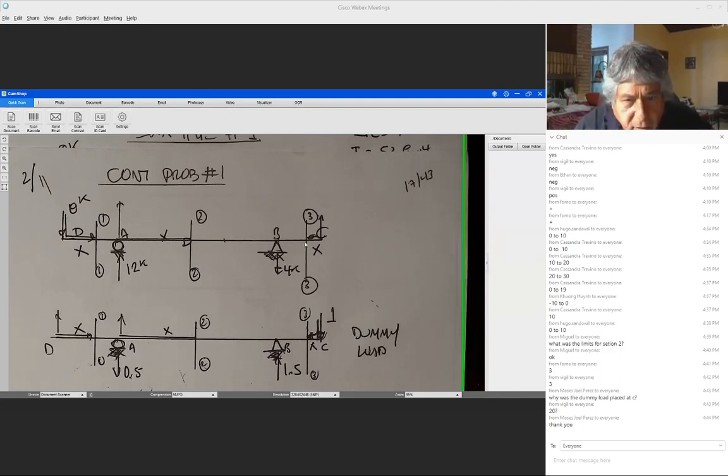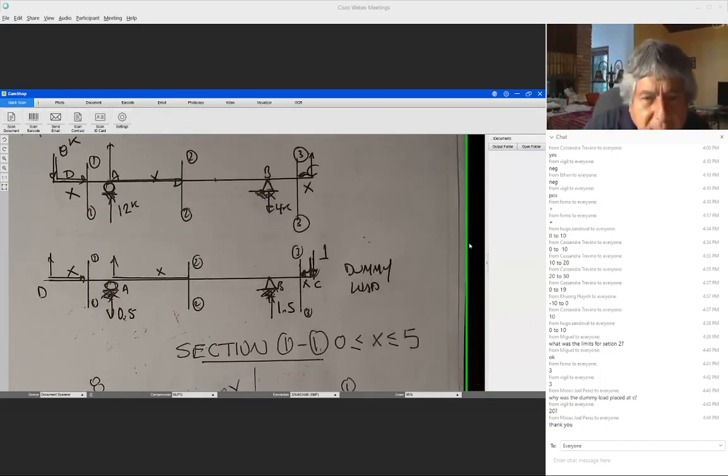I created section 3 from the origin to the section. So we always, and this seems to be very simple, but this is a point where people make mistakes. We always go from the origin to the section, from the origin to the section. And for the dummy load, I had to use the same section.